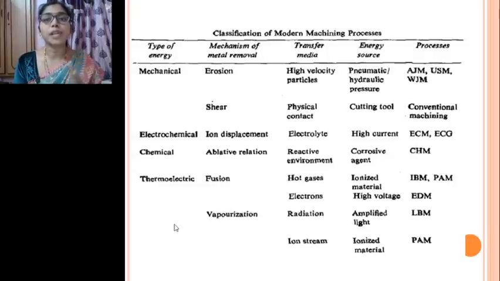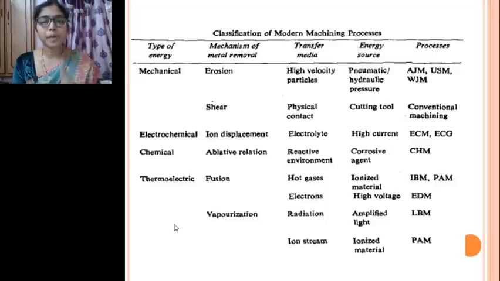And also, since the material removal rate is lower, these are considered to be much costlier when compared to the conventional type of material removal process. So these are the differences between conventional and unconventional or non-traditional machining processes.